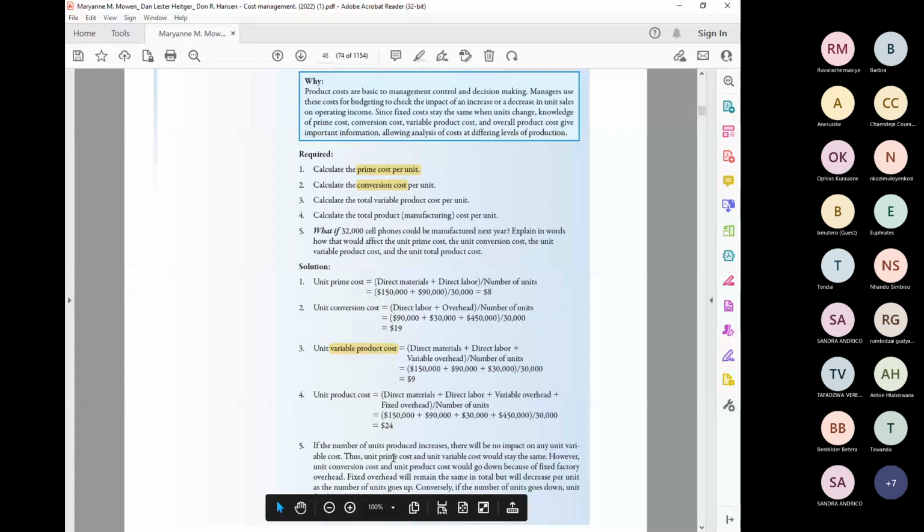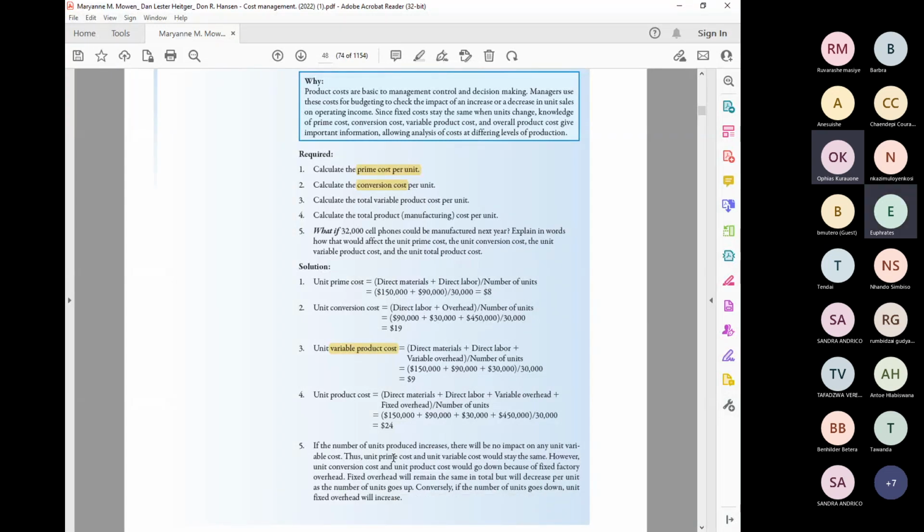Okay. Sometimes in target costing, make sure that you understand it. It means if I need to produce 15,000 units, you now flex: 15,000 times direct materials per unit, then 15,000 times direct labor per unit, then 15,000 times variable overhead per unit.